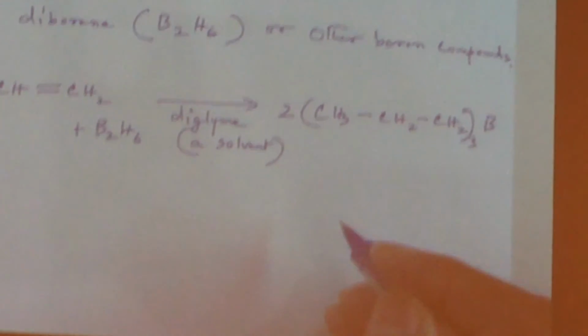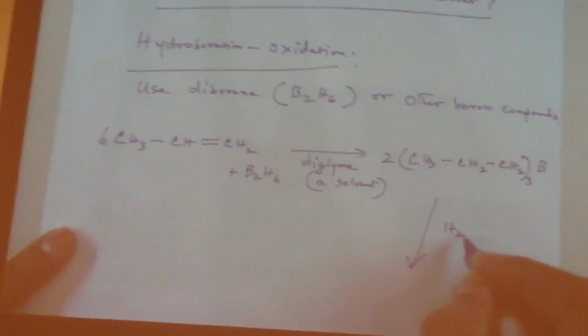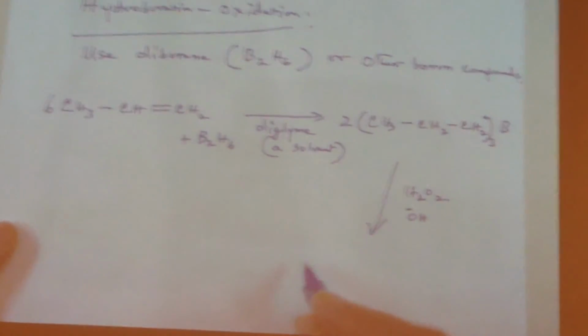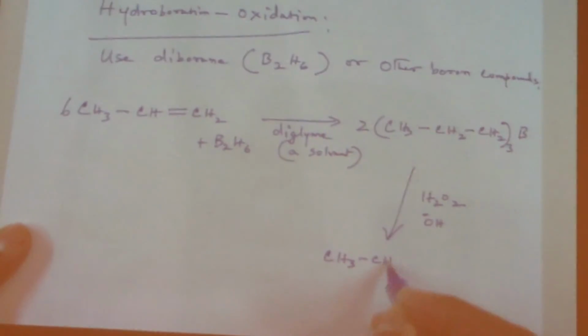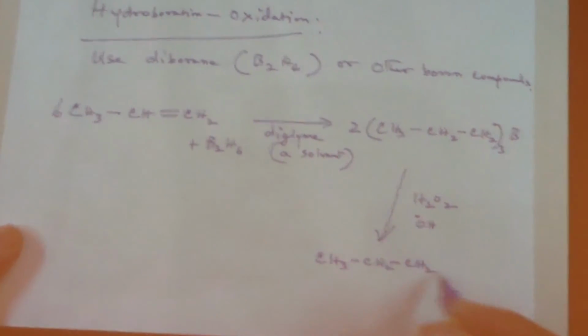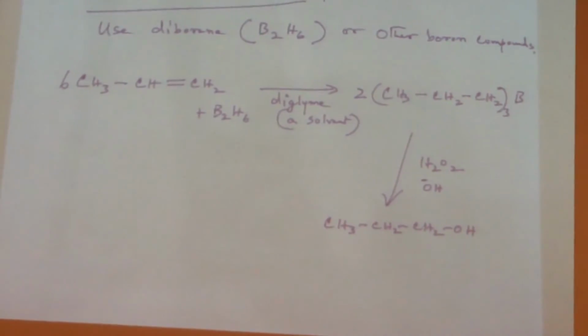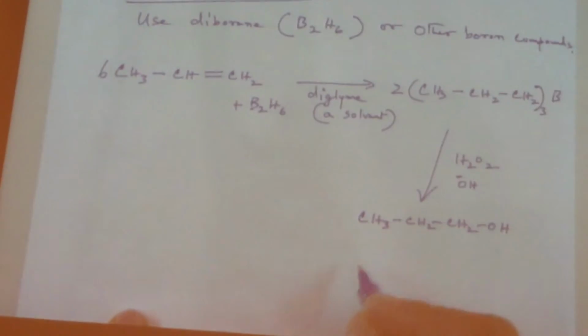And then you hydrolyze that with hydrogen peroxide and a base. And by the process, essentially generate CH3, CH2, CH2OH. So this process therefore involves two steps, but it gives you the anti-Markovnikov product.